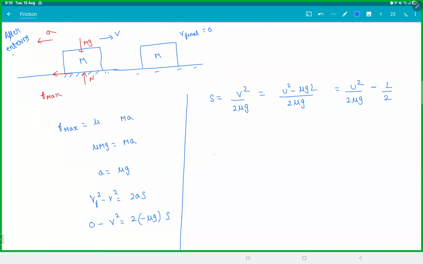So now if you look at the complete picture, this is how it looks. This is the rough side. This was O. Then the block entered completely here. Then the block went forward and stopped here.